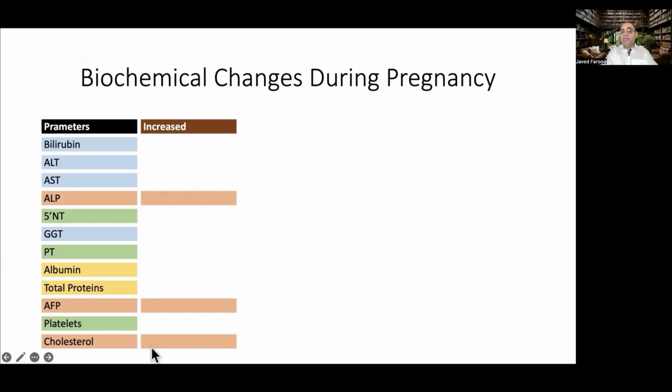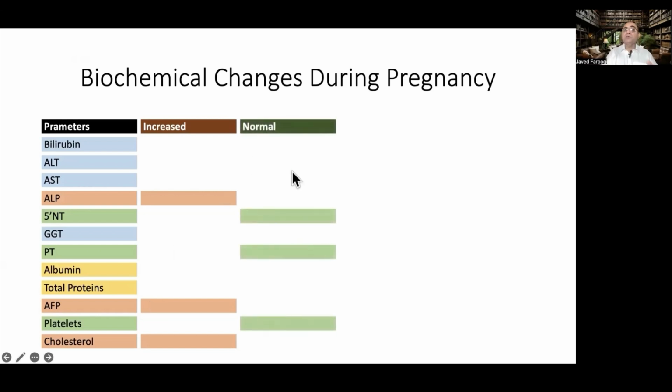And we know why these are increased: because of the placental origin for alkaline phosphatase, the fetal origin for the AFP, and the cholesterol by the mother. So these three parameters, alkaline phosphatase, alpha-fetoproteins, and cholesterol, are increased. So they are colored as brown.